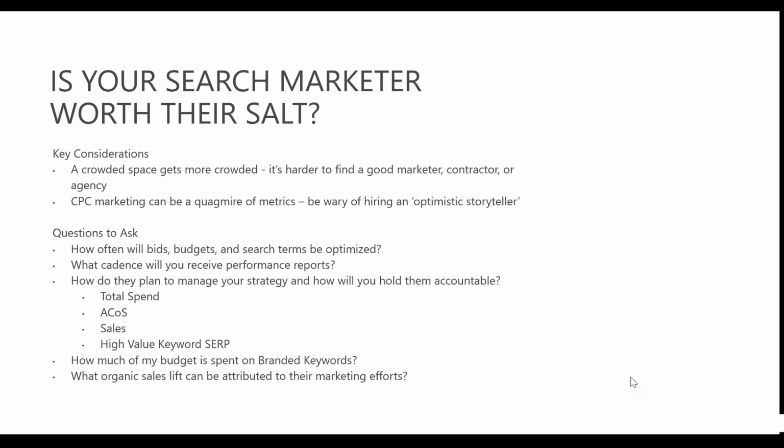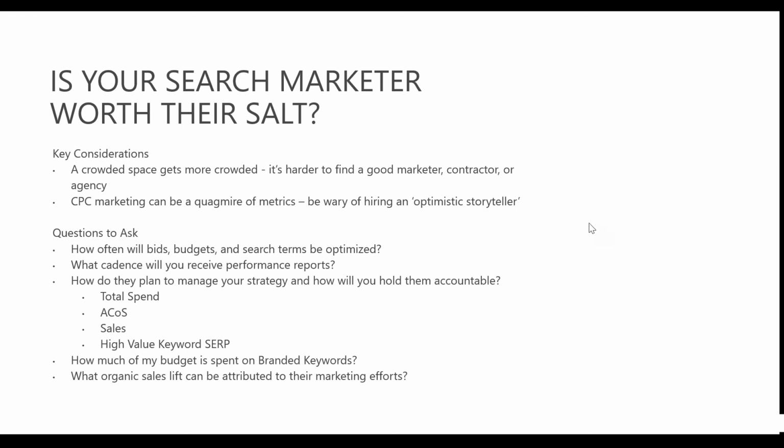How are they planning to hit your strategy and manage to it? You may have a percentage budget of sales, or you may have a total budget, you may say $10,000 a month on your marketing. How are they going to manage that effectively? How are they going to optimize it? Ask that question. Are they using an ACoS target? Are they going to be trying to reduce cost as much as possible?